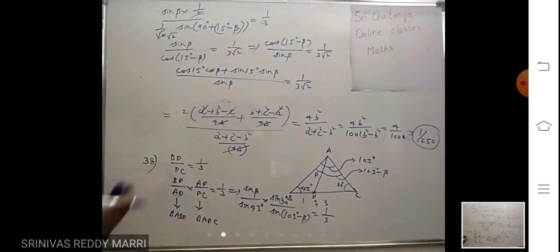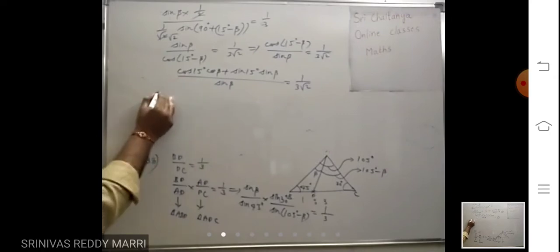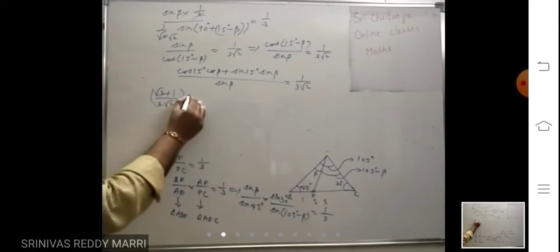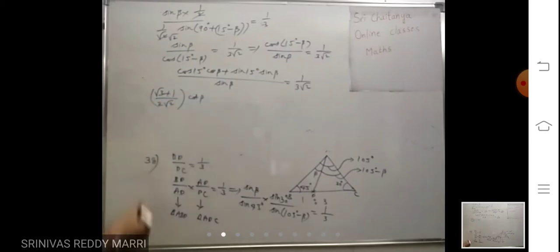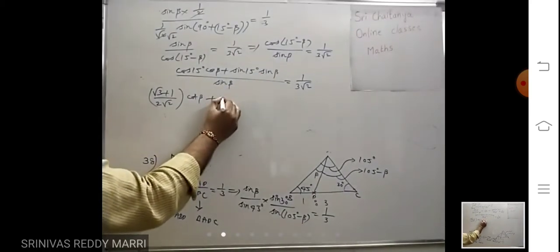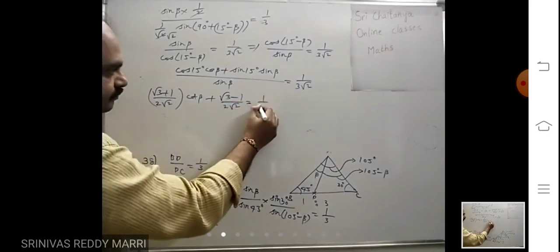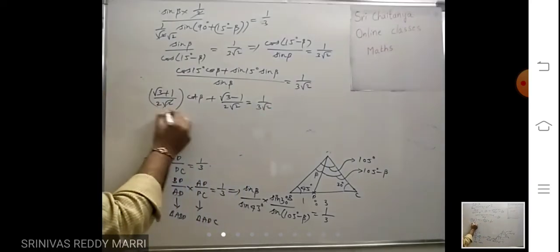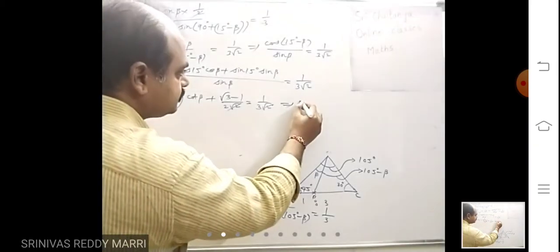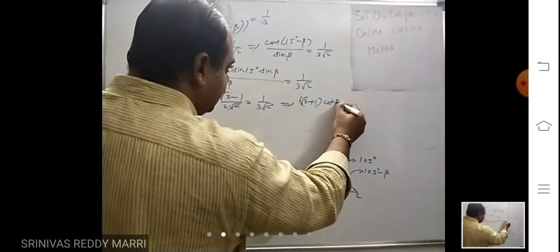Now split this one. Cos 15 is root 3 plus 1 by 2 root 2, into cot beta, plus, since sin beta by sin beta gets cancelled, root 3 minus 1 by 2 root 2, equal to 1 by 3 root 2. Root 2 will get cancelled.